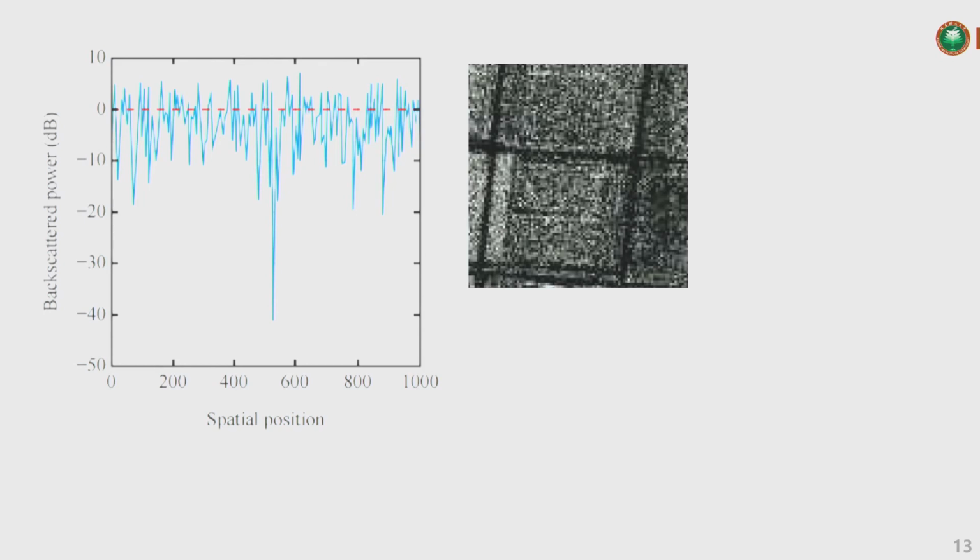So such a texture is going to lead to significant fluctuations on the distributed target.